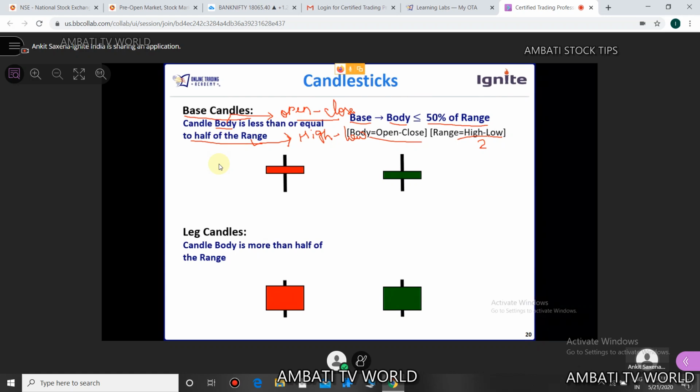If 50% of the range is greater than or equal to the body, it will be a base candle. It implies the body will be smaller, narrow bodied candles. The body of the candles will be very, very narrow here.